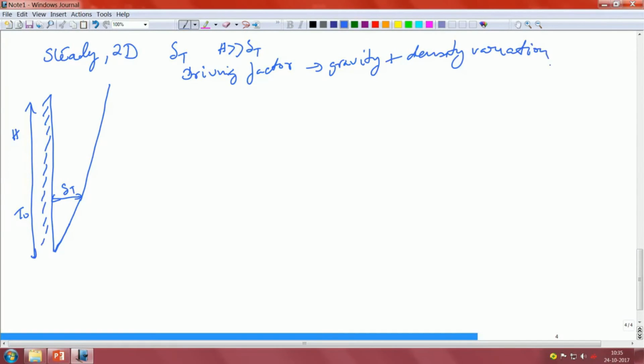The gravity is an important parameter over here. The outside fluid is at a temperature T infinity, and T naught is greater than T infinity. These are the considerations under which we will solve.